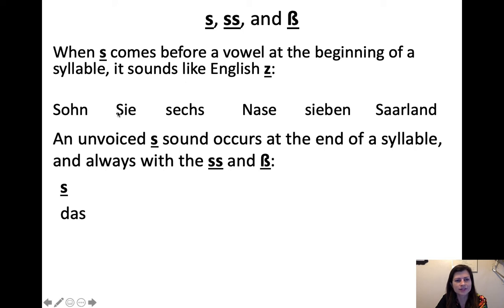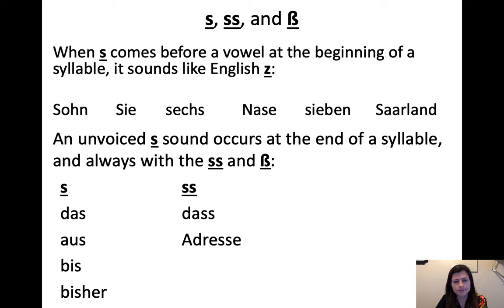So these were all Z sounds, and this is an S sound. So das, aus, bis, bisher. So it's at the end of a syllable because her is a separate syllable. And then the double S: das. So it sounds the same. Das and das sound the same.